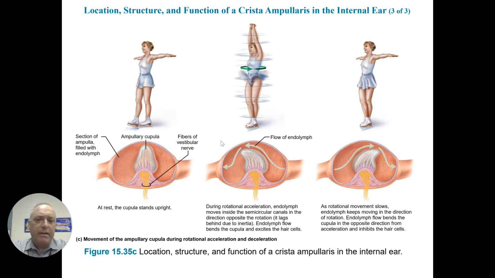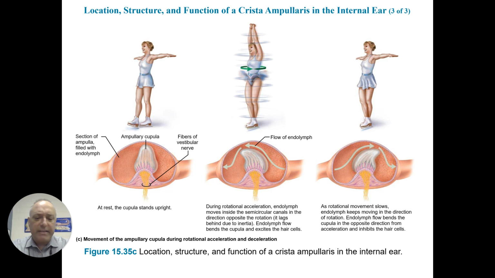So a dancer, when he or she goes through their routine, really relies on the crista ampullaris of the inner ear and the movement of this endolymph. So the ampullary cupula, which is this activated cell attached to the vestibular nerve, bends with the flow of endolymph, and if you're turning or twisting during rotational acceleration, the endolymph moves in the semicircular canal, but it moves opposite the rotation, and it lags behind due to inertia.